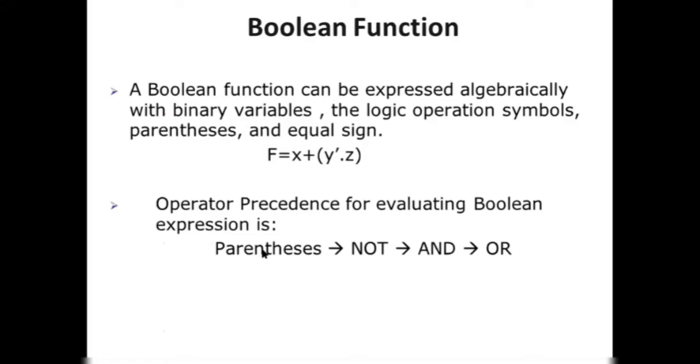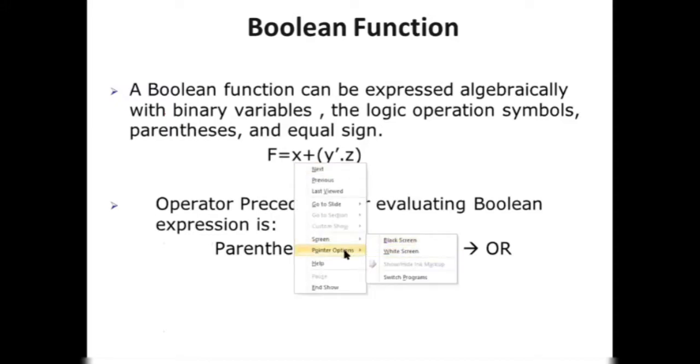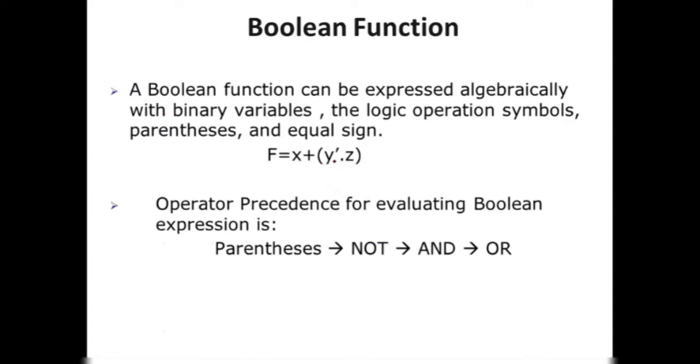So a Boolean function is actually expressed algebraically with binary variables. So you can see here there are 3 binary variables used: x, y, and z, and there's an equal sign, and there may be parentheses used, and logical operations are also used.